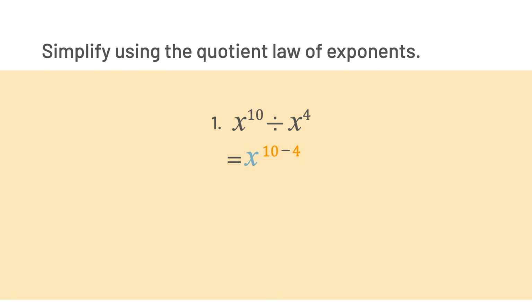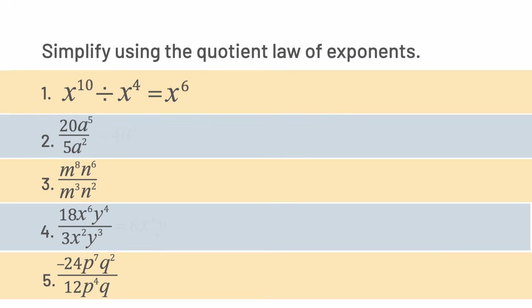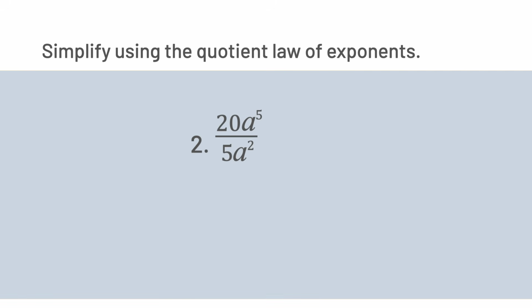That gives us x to the power of 6. Divide the coefficients. 20 divided by 5 equals 4. For a, subtract the exponents. 5 minus 2 equals 3.